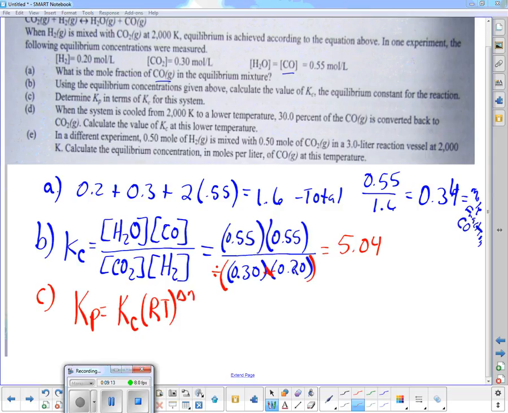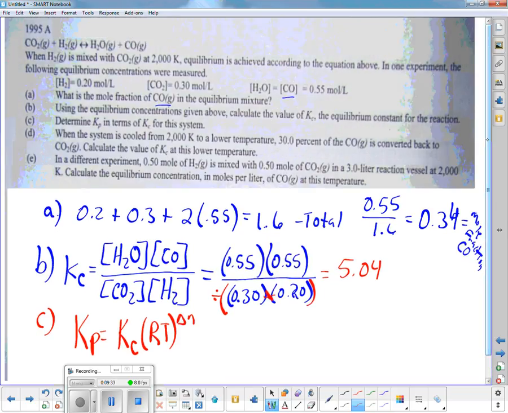The R is the gas constant R. T is the temperature that it's happening at. And remember, in gas laws, we have to have it in Kelvin, so they were nice and gave it to us in Kelvin. And delta n is the change in moles from one side to another for gases. So if we look back up here, we have 2 moles of gases on the products, and 2 moles of gases on the reactants.